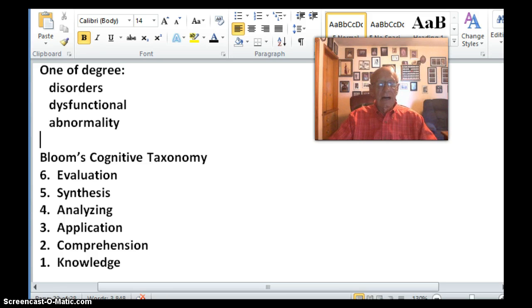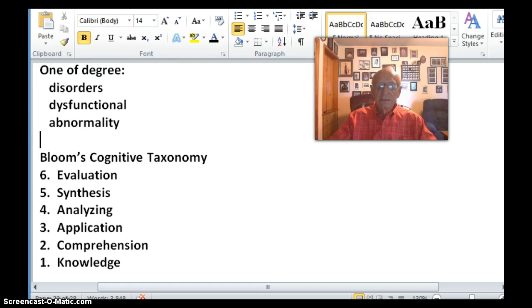This starts out with the knowledge of a concept, going to comprehension, application, analyzing, synthesis, and evaluation. Now, I've already mentioned this. But what we are going to do for the rest of the semester is look at analyzing, synthesizing, and evaluation.